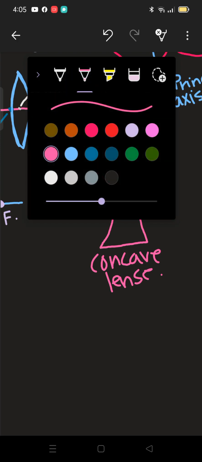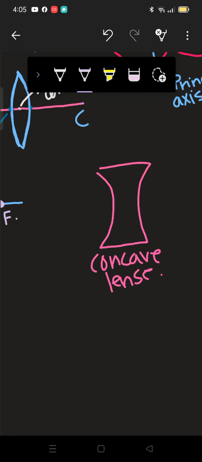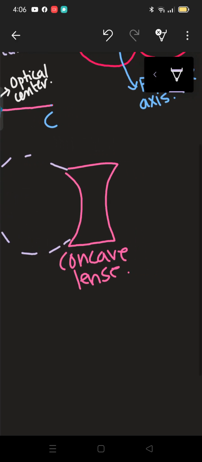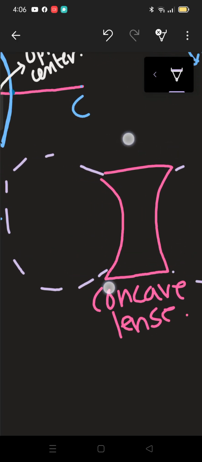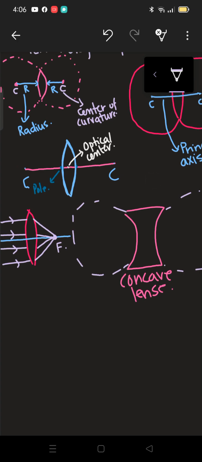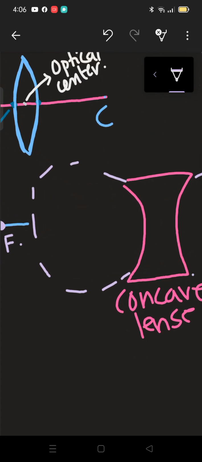Of course, this is a part of a spherical surface, so let me draw it as part of a circle. I am going to make the circles here. As you can see, this is part of a circle, and this is part of a circle as well. The first terminology we discussed was the center of curvature: the center of a sphere from which the spherical surface of a lens is obtained.